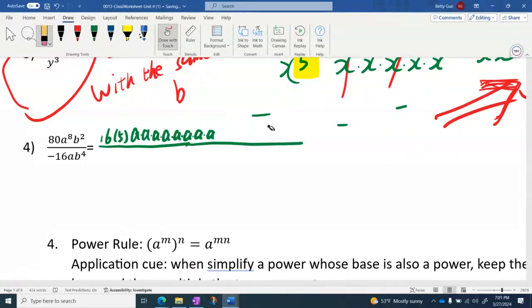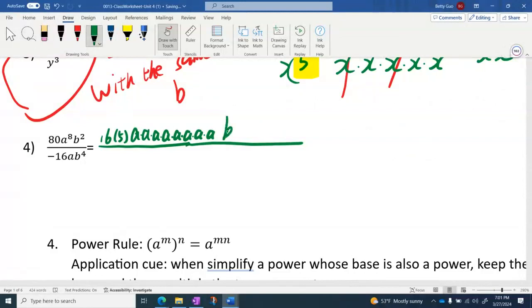That's why later I'm going to show you the benefit of the formula. And then b squared is 1 b and another b. Denominator, negative 16. So 16 times negative 1, or negative 1 times 16. And then we have 1 a here. We have b to the power of 4. 1, 2, 3, 4. 4 b's.